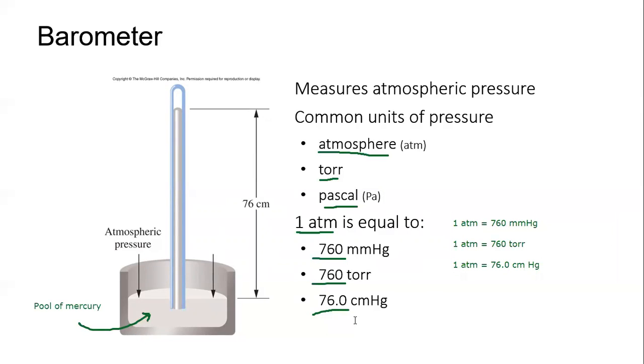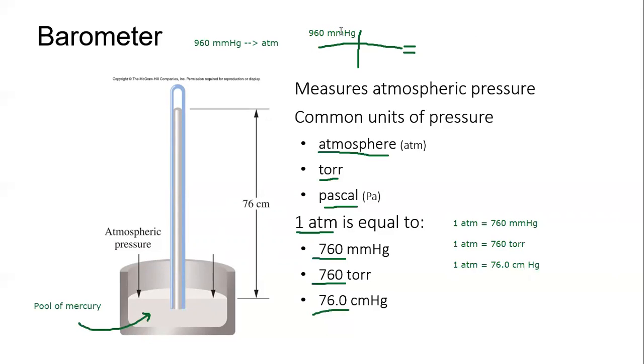So to give you an example, let's say we have 960 millimeters of mercury and we want to convert it to atmospheres. So we'll set up our train track. On the top goes the millimeters of mercury.